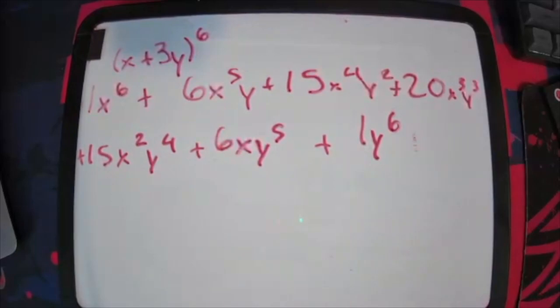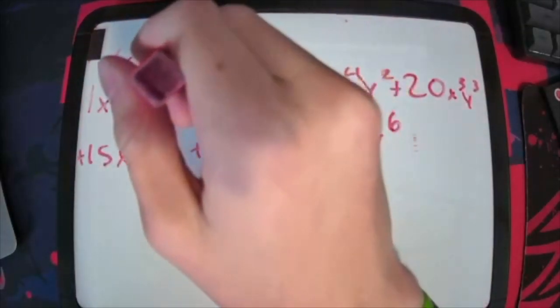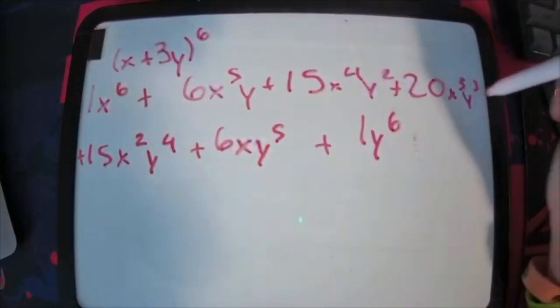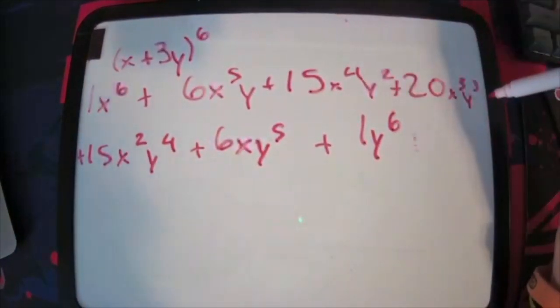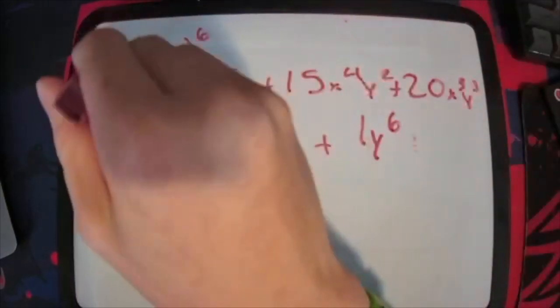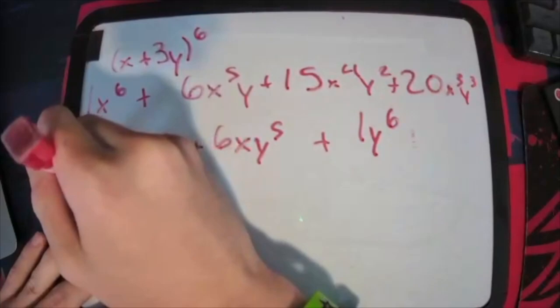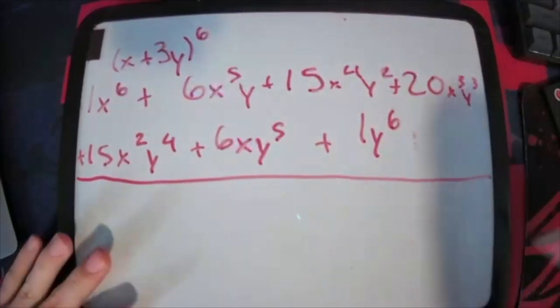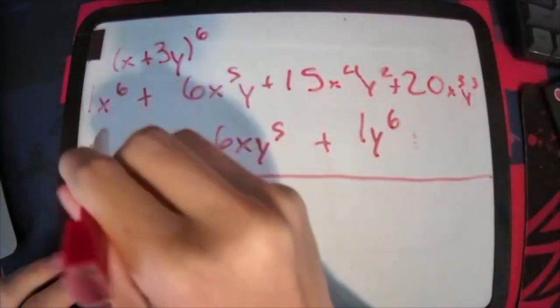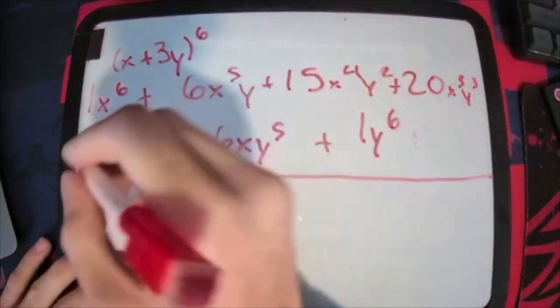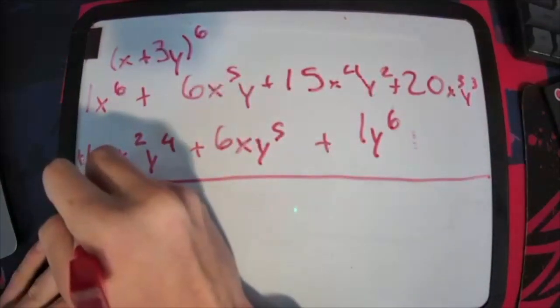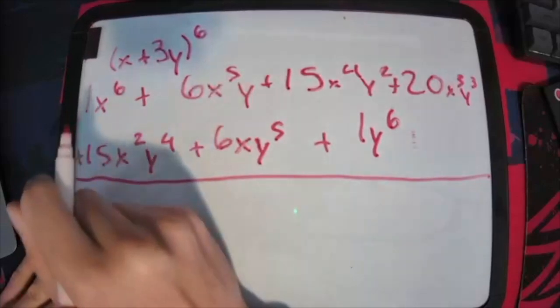And now, very simply, all we've got to do is substitute the 3y into everywhere that is y in the formula. We don't do that for x because the x just stayed the same. So let's divide this so we could have a visual separation between the formula and the actual answer. I don't need to write the 1.